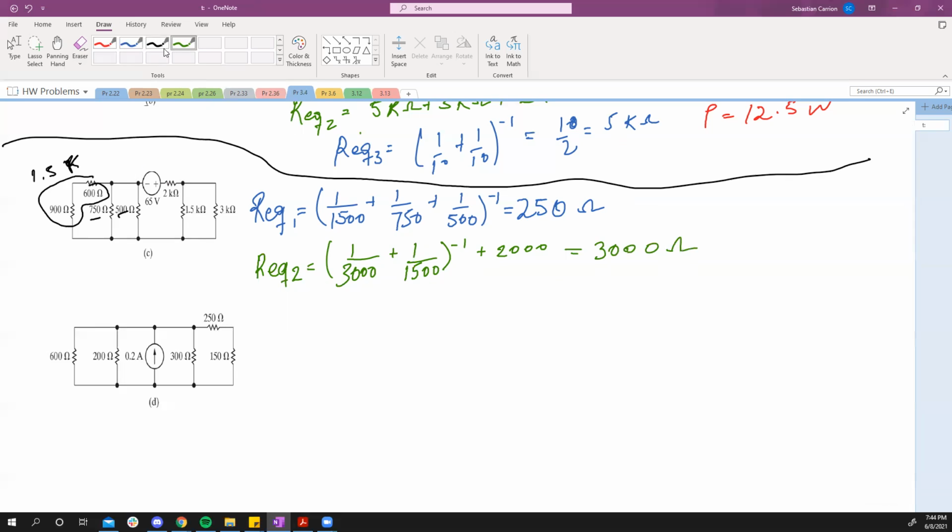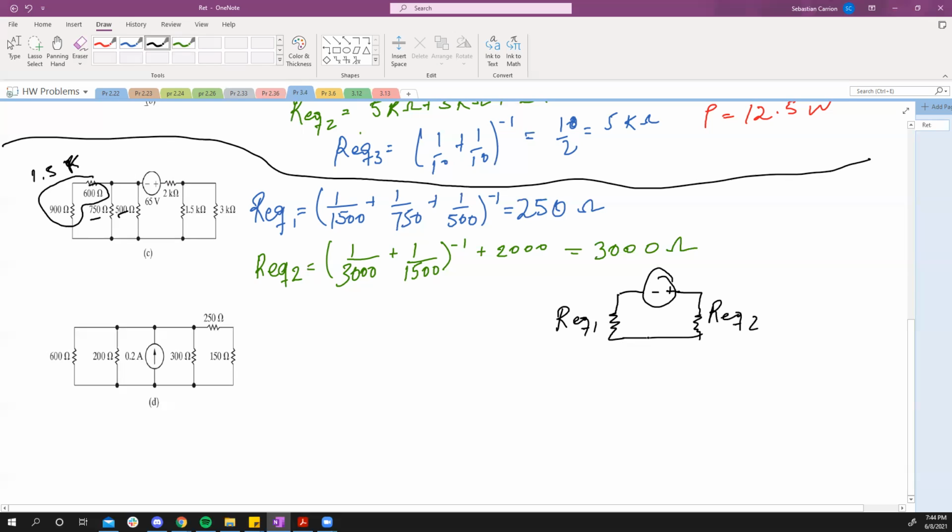So now our circuit kind of looks like this. This is our equivalent 1, and this is our equivalent 2.